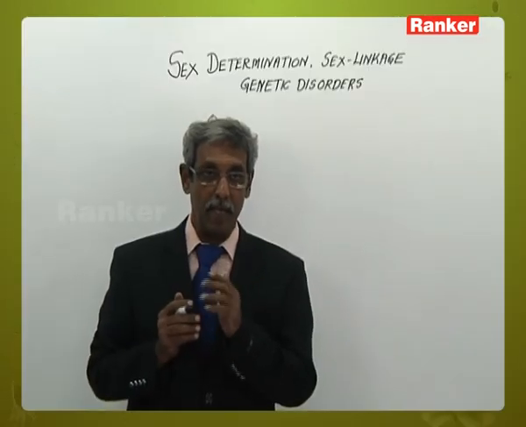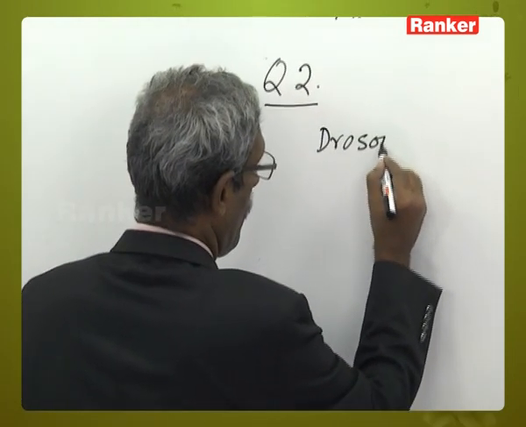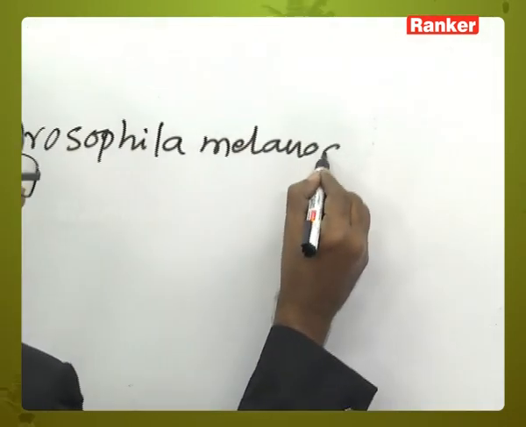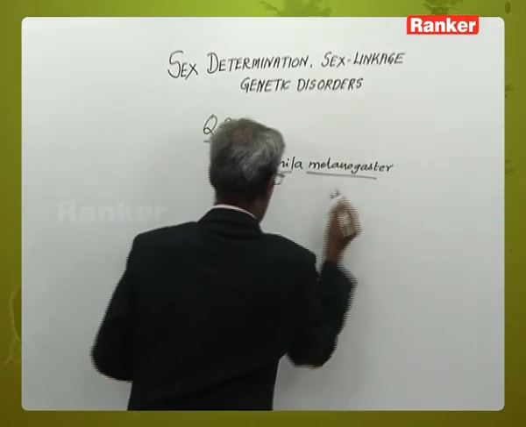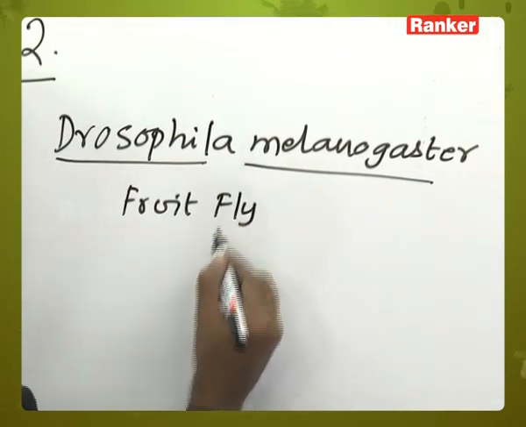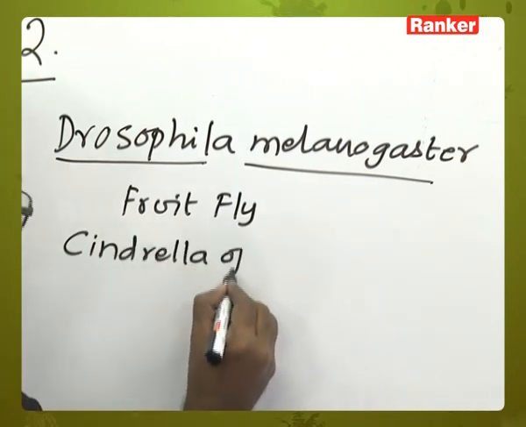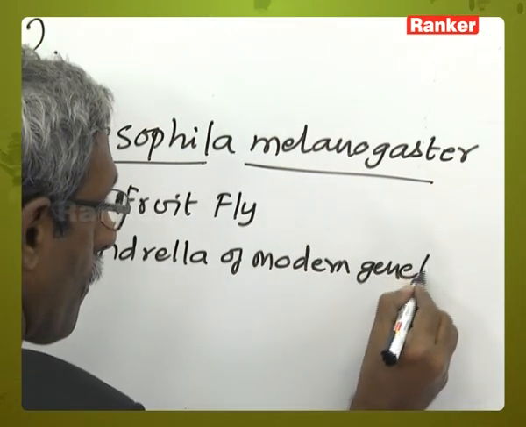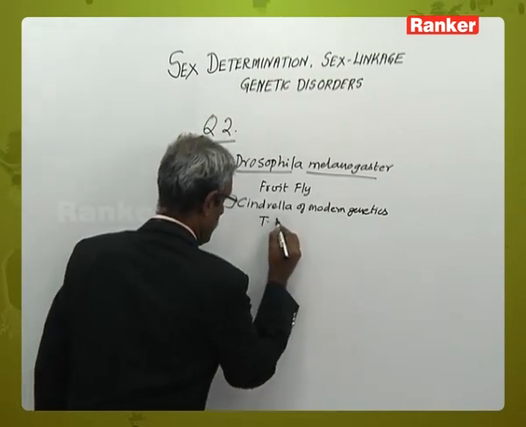Drosophila melanogaster is commonly called the fruit fly, or it's also termed as the Cinderella of modern genetics. The person who has studied Drosophila melanogaster is T.H. Morgan.